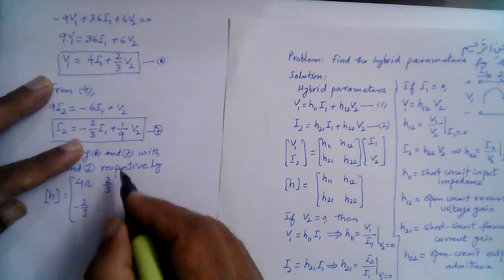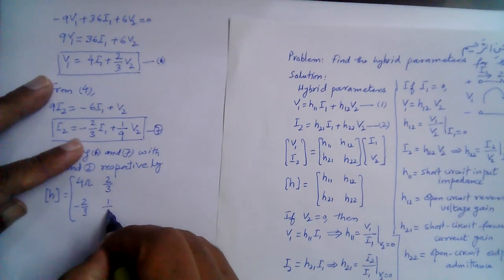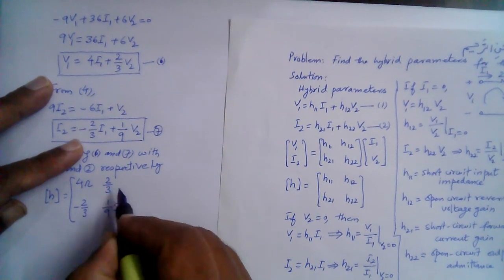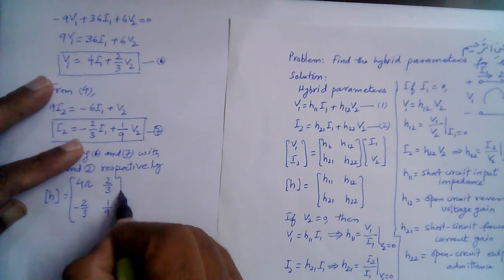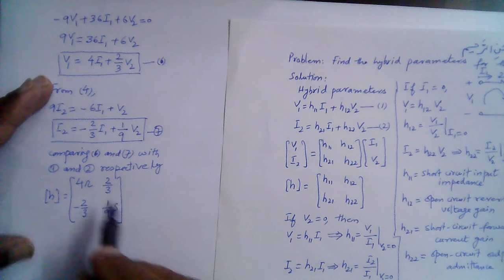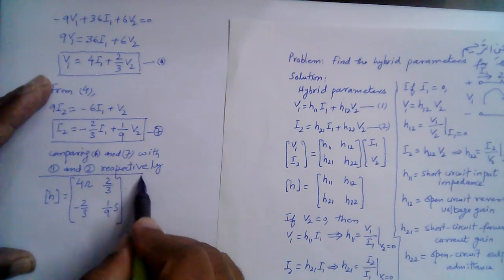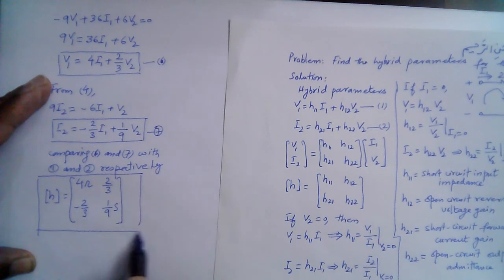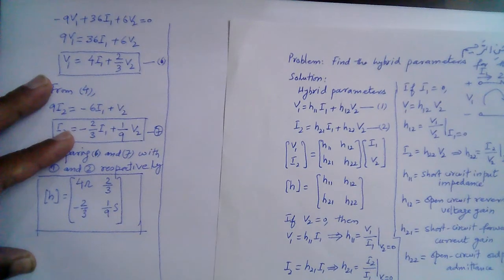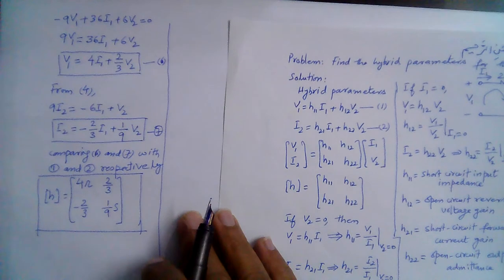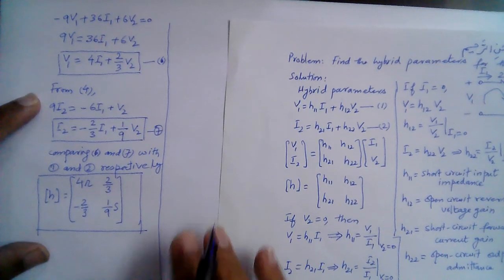And then we have h22, 1 over 9, and this is a Siemens, an admittance, because this is I2 divided by V2, the output admittance. So these are the hybrid parameters that we need for this circuit. So this was one method to find the parameters.